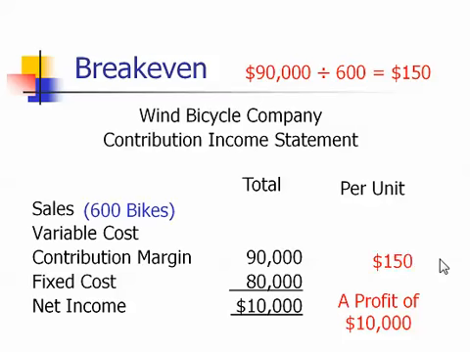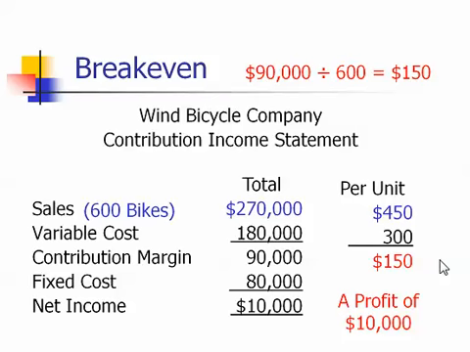Working back up through our income statement, we take our contribution margin per unit, add to that our variable cost per unit, which was $300, and get a selling price of $450 per unit. Be sure to work through enough problems to be comfortable with cost volume profit analysis.